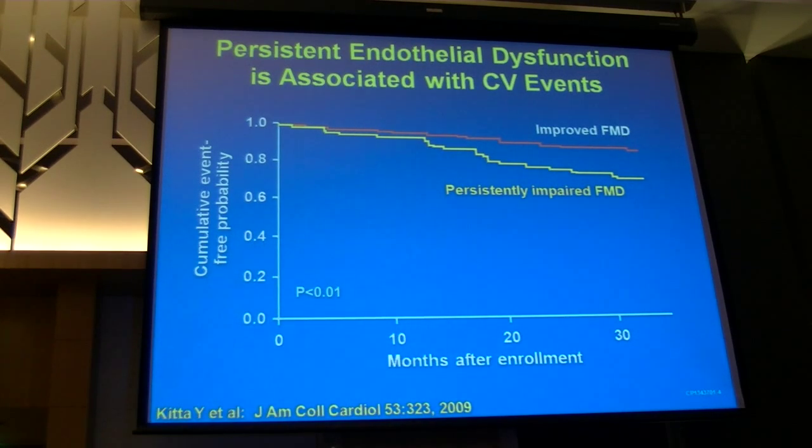And finally, although I've shown that endothelial dysfunction is associated with poor outcome, what we really want to show our patients is that improvement of their endothelial function is associated with good outcome. And that's what this slide points to. So in this study of patients who were not EECP treated, but who had therapies to improve their general health, so risk factor modification, optimized medical regimen, better exercise, in those patients who had improved endothelial function, their adverse cardiac events were decreased over time, whereas patients who did not have improvement in their endothelial function suffered worse long-term outcome.